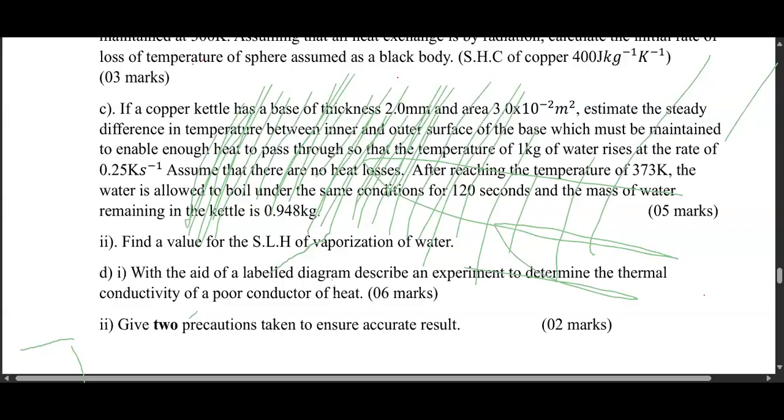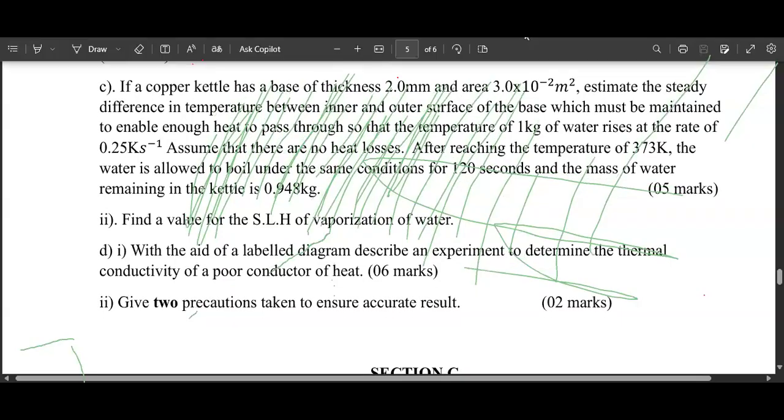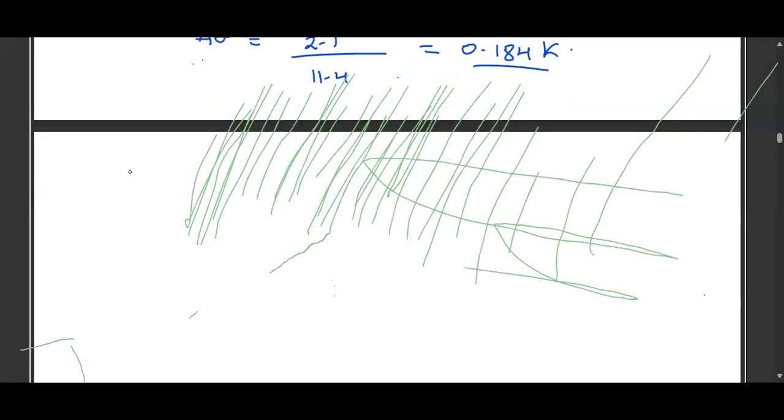So here we consider that the rate of heat transfer is equivalent to the rate at which it is being supplied. Time has been given as 120 seconds.